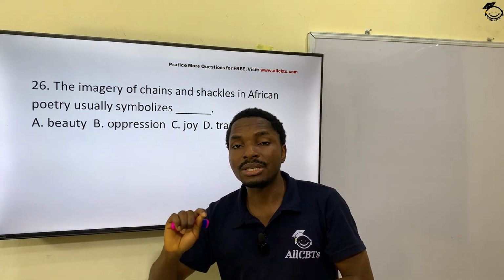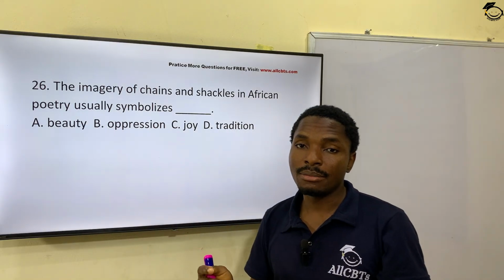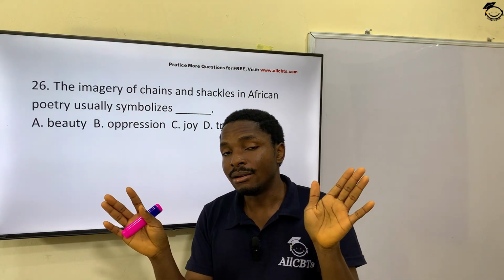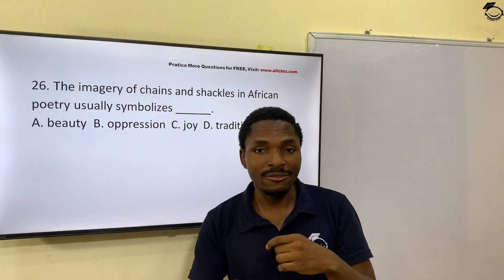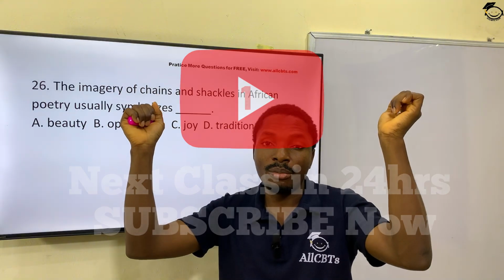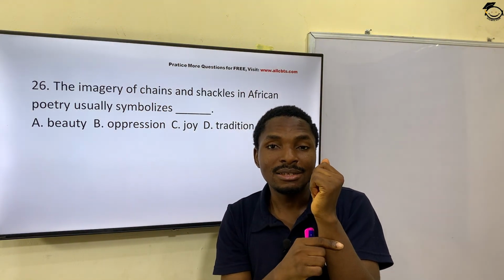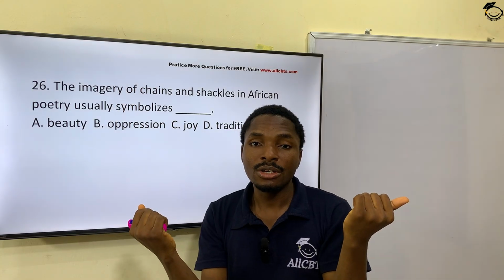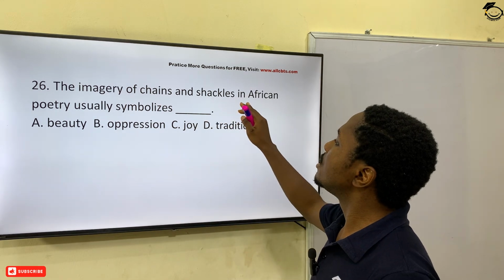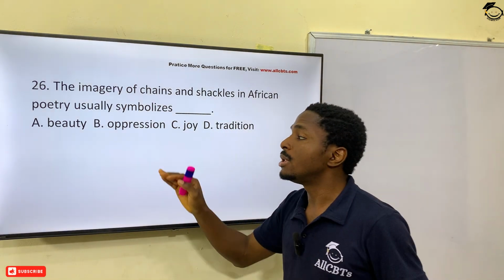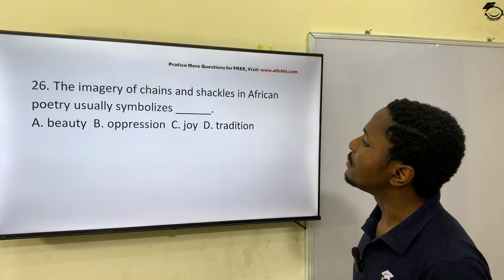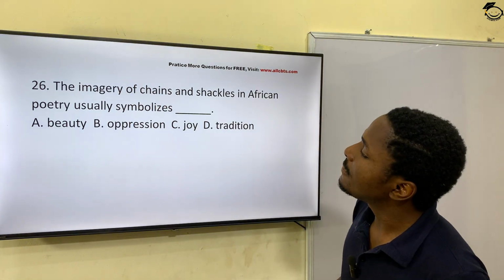Like I said when I was taking NABTEB literature in English exam, when you see chains and shackles, for example, you can see a flyer for an invitation to a church program, and you see hands lifted up, and then you see chains on both sides, okay, and then you see the chains are broken, often used to depict deliverance, right? So we use imagery of chains and shackles to symbolize oppression in African writings of poetry.